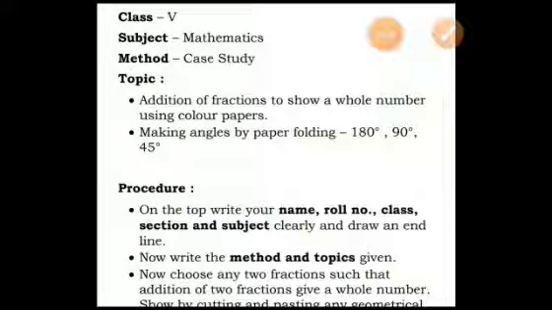And if possible, try to write your name, roll number, class, section and subject in a separate place so that you can make it a separate page while making the PDF of your project during the time of submission.